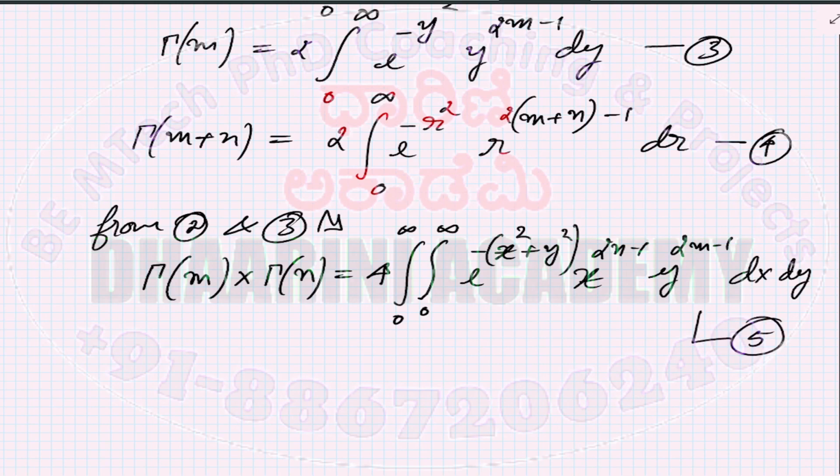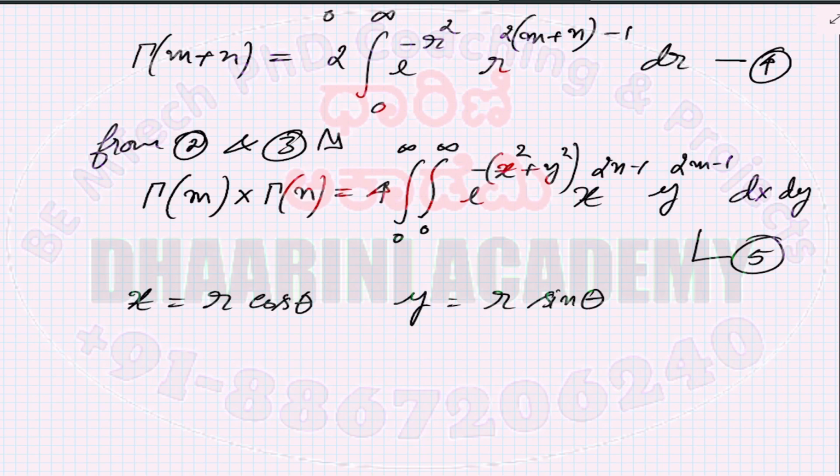Now I'll go for a substitution. I put x equal to r cos theta, and I put y equal to r sin theta. This is very clear why we substituted this, because if you do x square plus y square, you get r square cos square theta plus r square sin square theta.